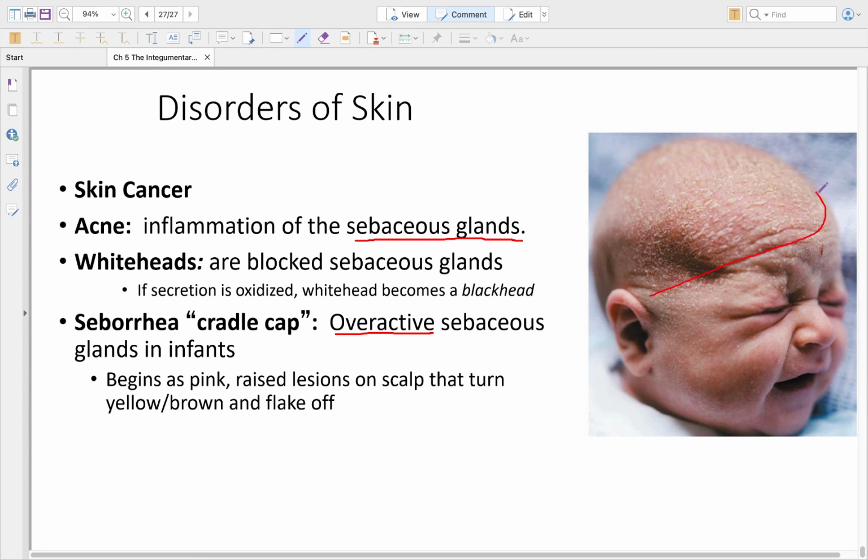See all that skin? It will flake off and fall off, but I don't think it feels so great for the babies. It's usually pink and there are little lesions, and I think it's slightly painful for them, but luckily it does flake off and go away.